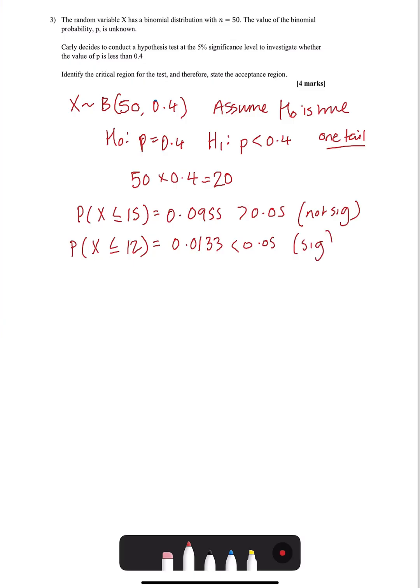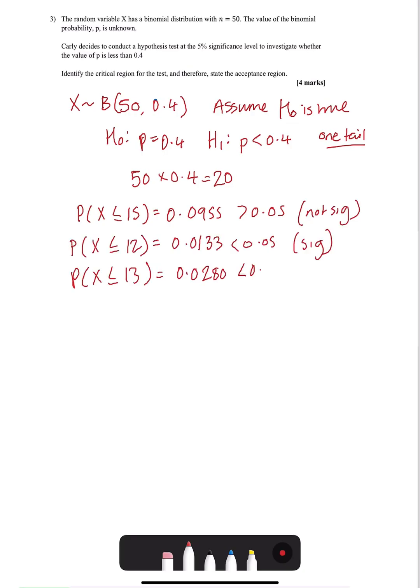So now I'm going to have to check the one above. What about X is less than or equal to 13? That's 0.0280. Okay, so that's still significant. So let's just double check 14. That's 0.0540.